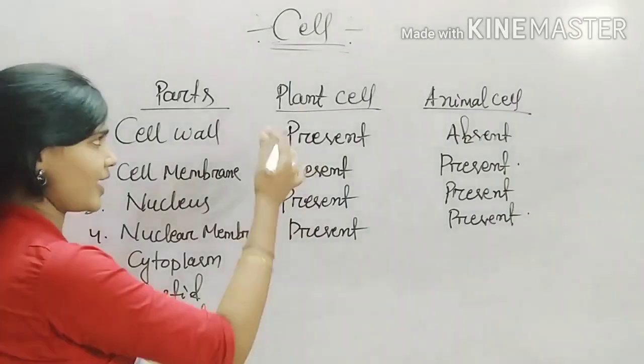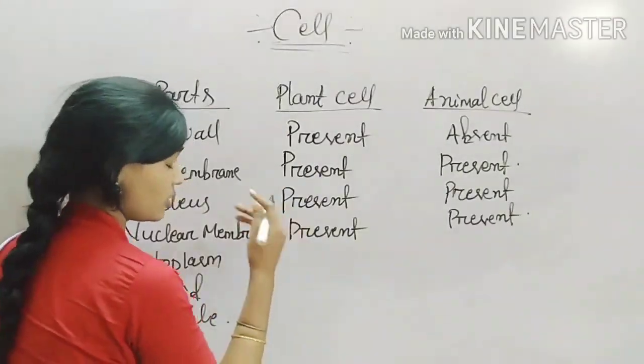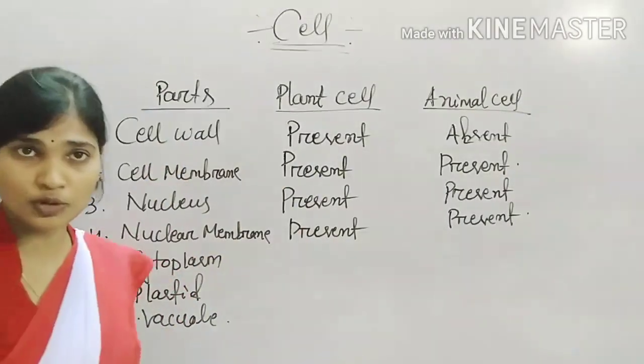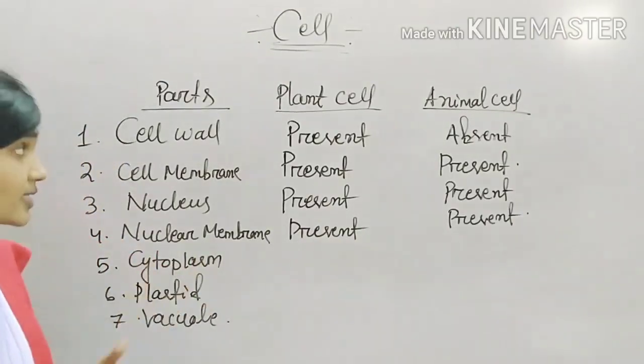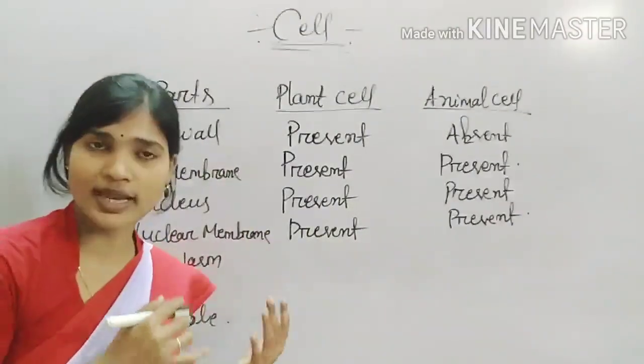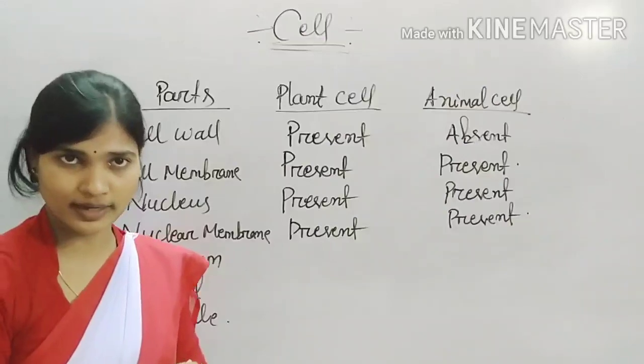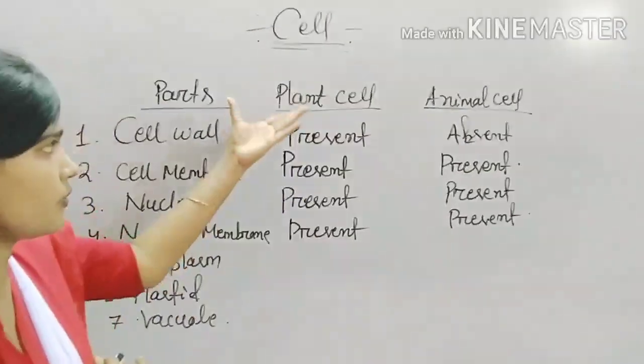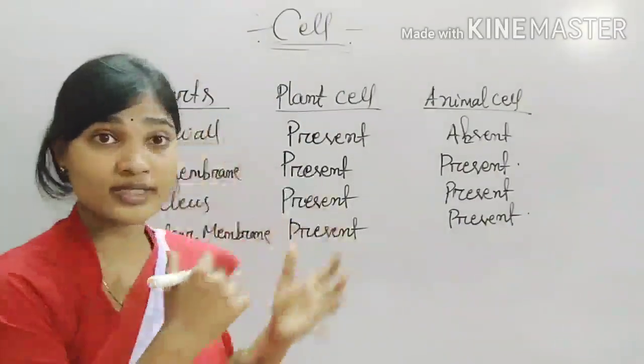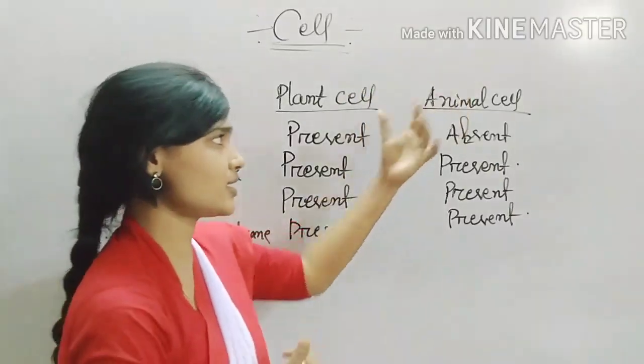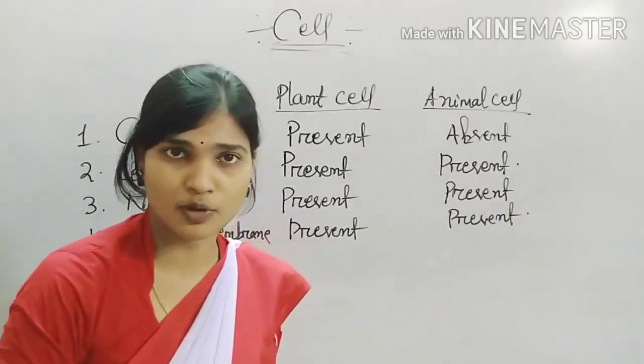Cytoplasm is also present in both types of cells because it is a jelly-like substance, and in the cytoplasm various types of organelles are present. So in the plant cell various types of organelles are present, and in the animal cell also various types of organelles are present.